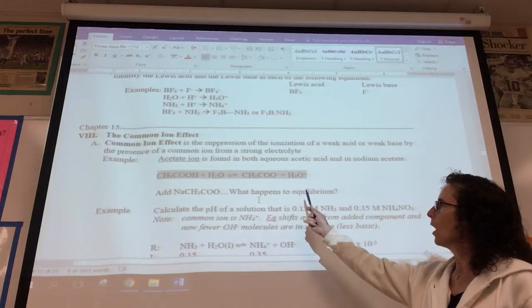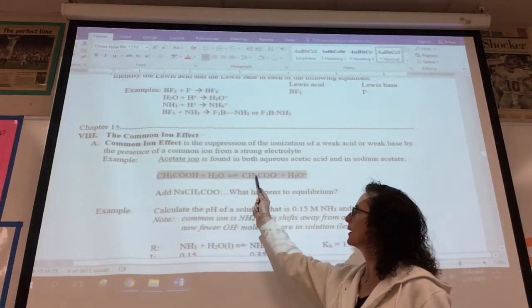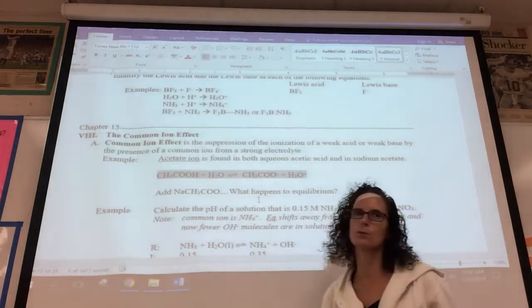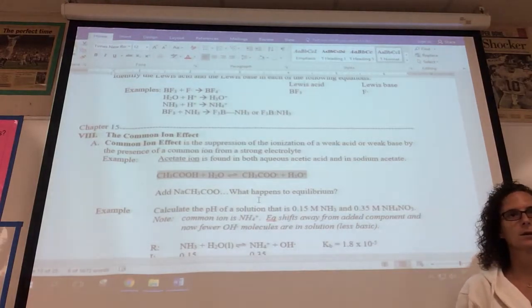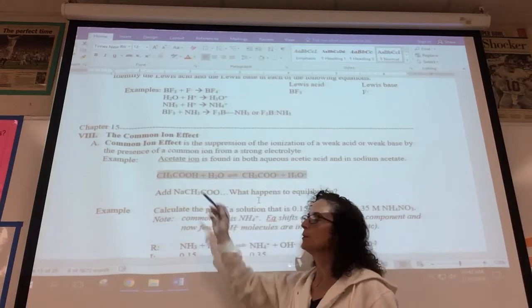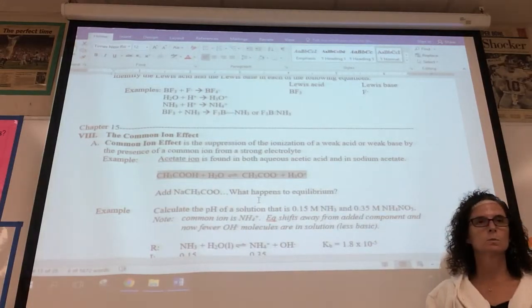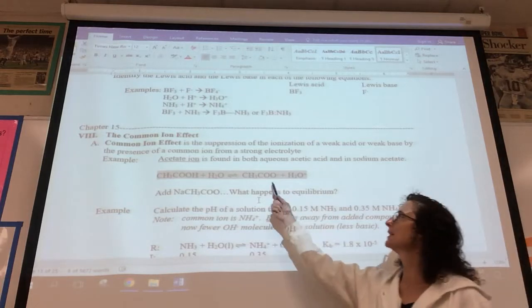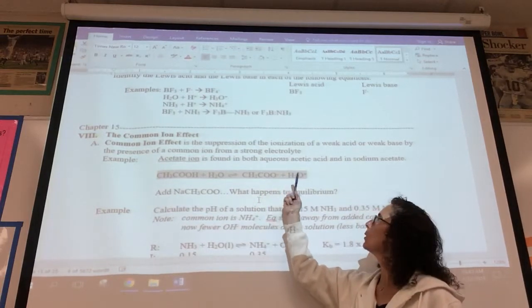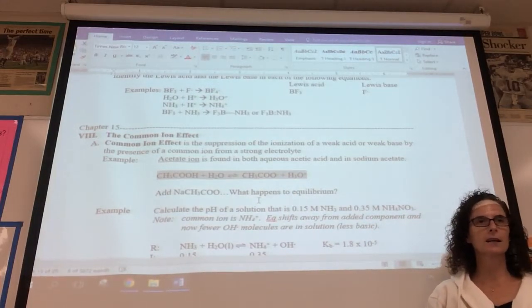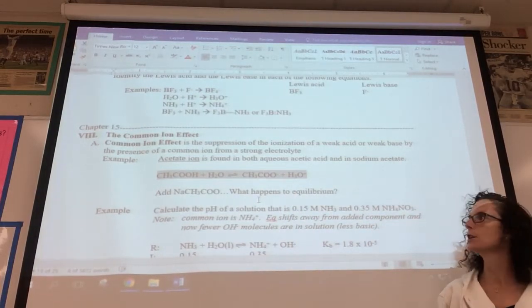What might cause suppression of the forward reaction, or another way stated, what might cause the reverse reaction to be favored? A decrease in acetic acid. What else? An increase in acetate ion, or an acid spike, increasing hydronium ion concentration.